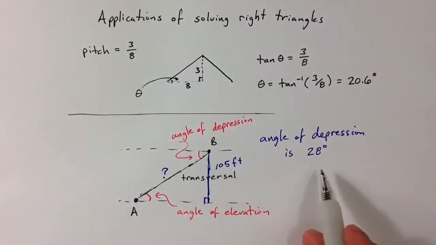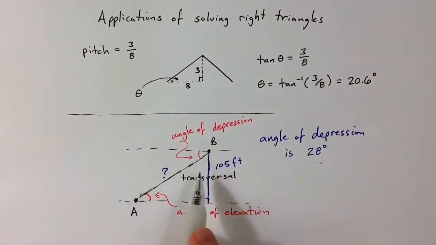It's important to know where that angle of depression should go. You might want to place it in between the vertical and the transversal, but that's not where it should be. It's always going to be between the horizontal and the transversal.